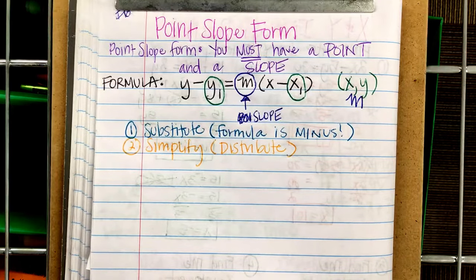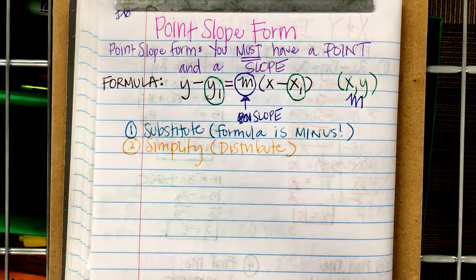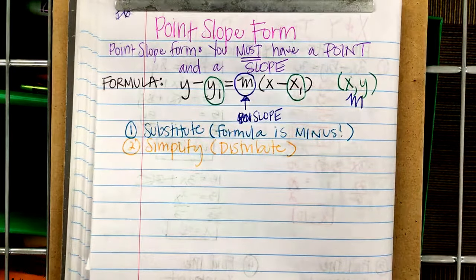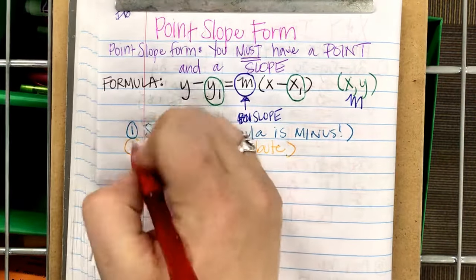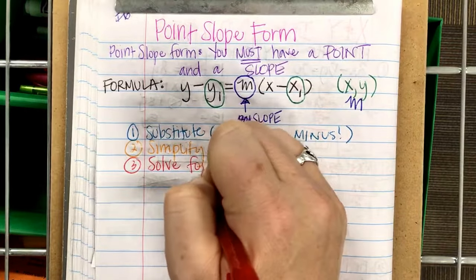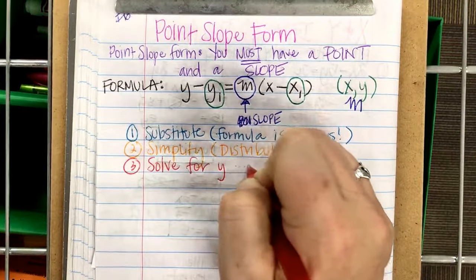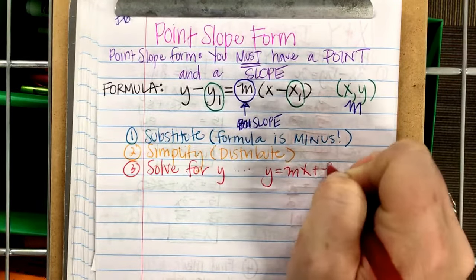So you're going to substitute, put the numbers in, right? Then you're going to simplify, meaning get rid of the parentheses. And last, you're going to solve for y, because it's going to be y equals mx plus b form.